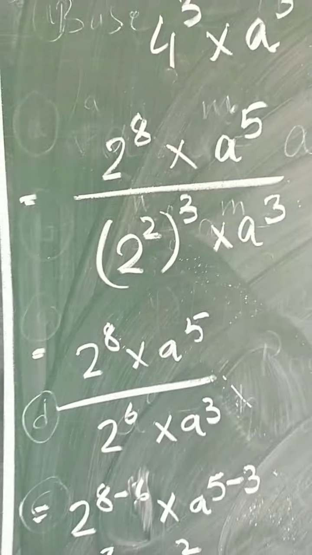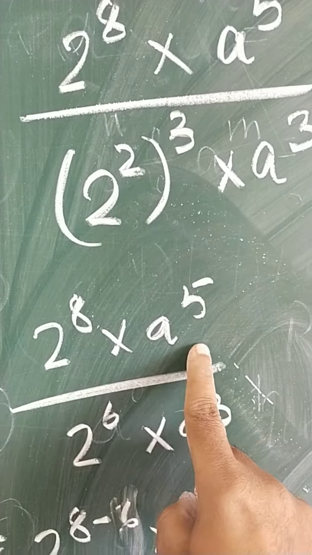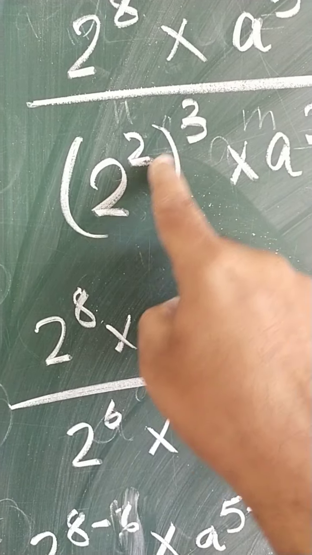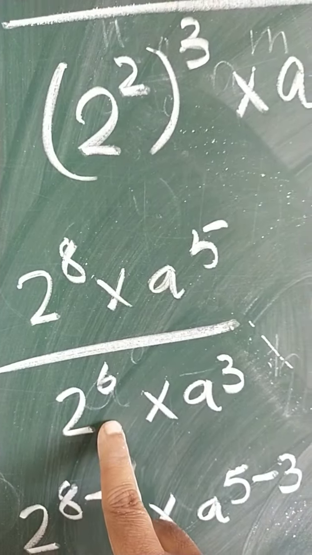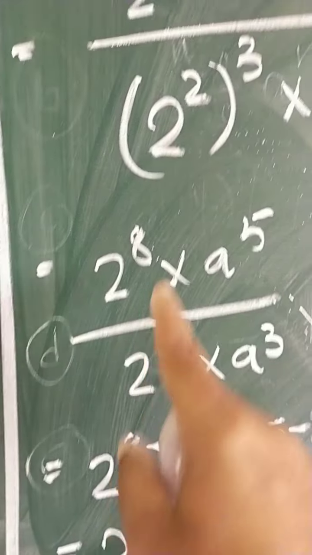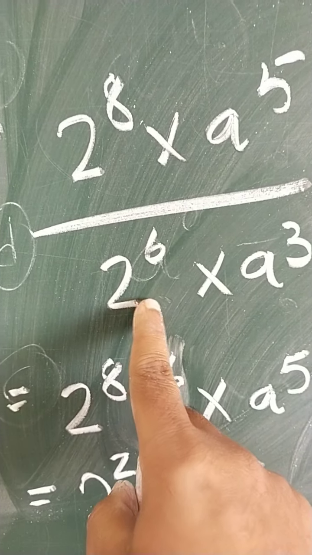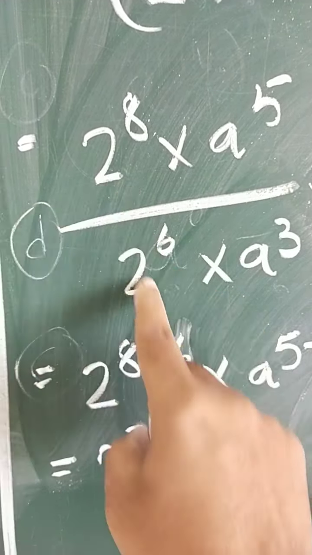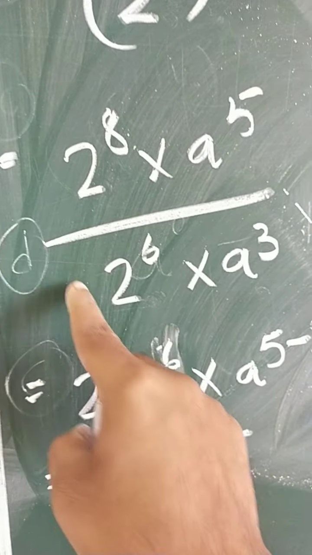Now the third step will be 2 to the power 8 into a to the power 5. Now we just have to multiply the powers 2 and 3. What is the product of 2 and 3? It will be 2 to the power 6 into a to the power 3. In this way the whole thing has been converted into the base of 2. Now these two numbers are in division form and they are carrying the same base.